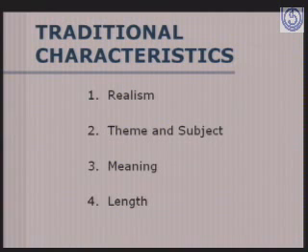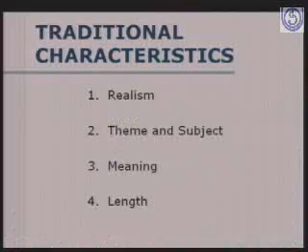Okay. So we see that anti-plot, anti-hero, and open-ended narratives have taken over from the traditional concept of hero, well-ordered plot, and a neatly tied-up ending. So what I'm basically getting at is that the short story form as we know it and as we have been used to has undergone many changes.